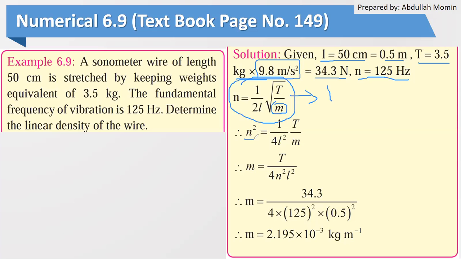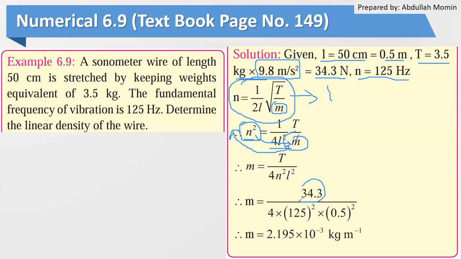So n square is equal to 1 upon 4L square into T by m, and now m goes to the other side of the equal sign, and n square comes down to the other side. So in place of m, we can write n square, and in place of n square, we can write m. So now the formula of m can be written as T by 4n square L square.